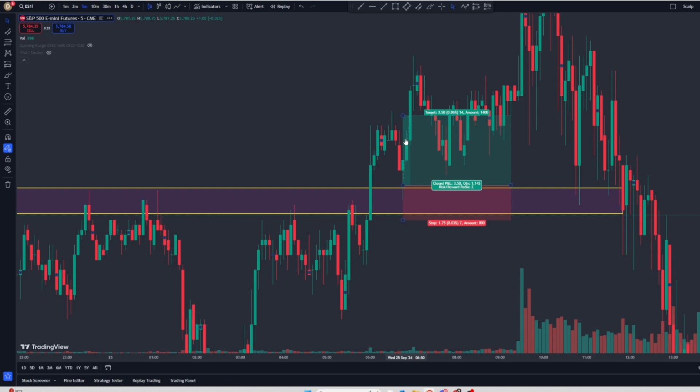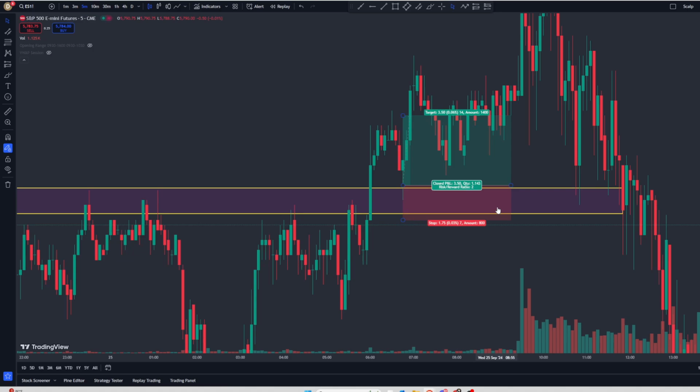Now, with this, it does give you a varied stop loss. So if you want to do a fixed stop loss where you're risking the same amount of money every time, you would have to work around it with your entries. This is going to give you a varied stop loss, which means right now you'd be risking about 7 points to make 14.